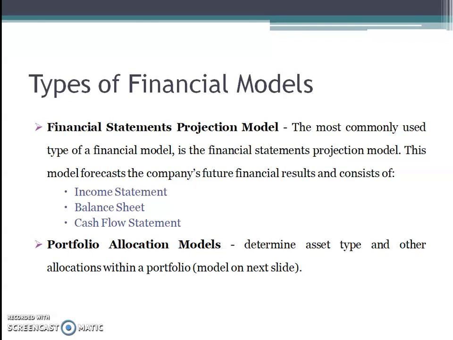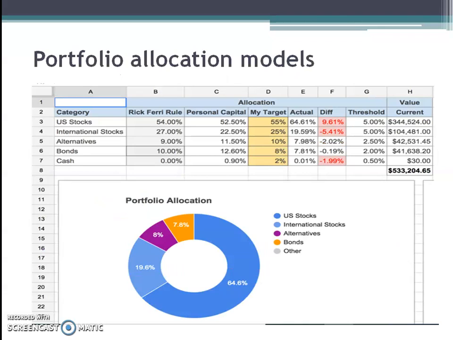So basically, it determines the asset type and other allocations within a portfolio. Now how does the portfolio allocation model look? We will see this. This is an example of a portfolio allocation model. Basically, in the portfolio allocation model, we are allocating the funds into different alternatives.